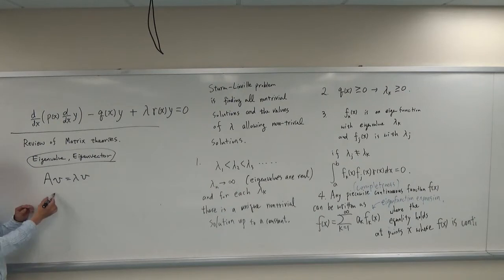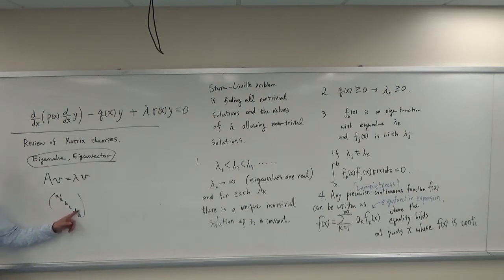So Jordan canonical form says the best you can get is that you can have some eigenvalues here, A, B, C, D, or something like this. And in some cases when the eigenvalues are the same, you might get a 1 here, which you can't do anything about.